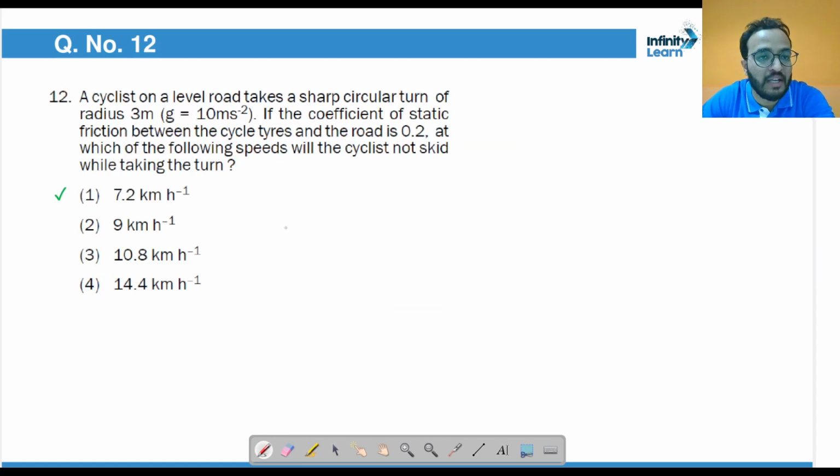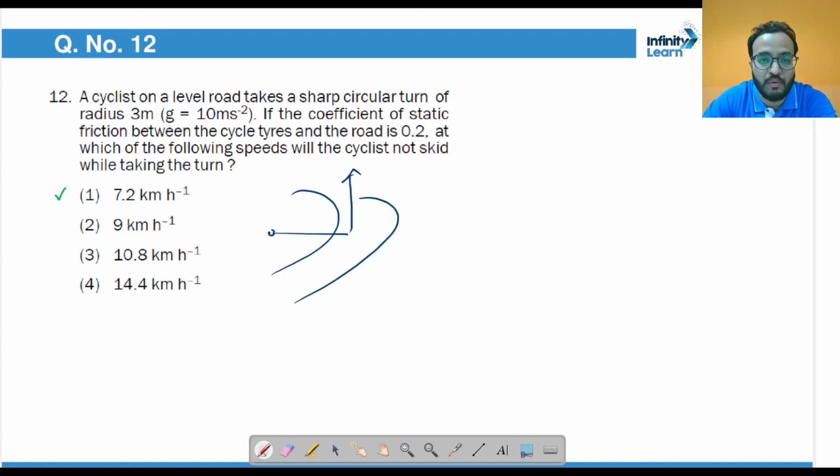Second. A cyclist on a level road takes a sharp circular turn. See, when it takes a sharp circular turn, then who is providing the necessary centripetal acceleration? Obviously, the static friction. What can be the maximum value of static friction? Mu n, and n is equal to mg here.